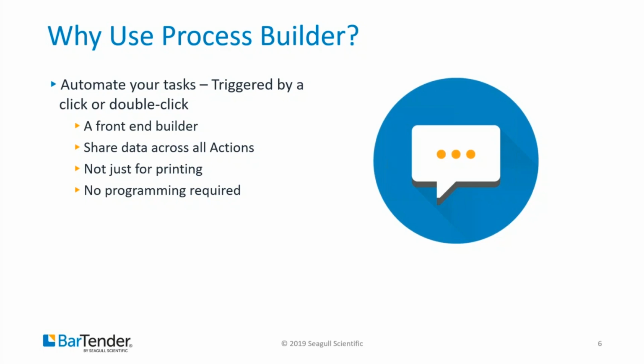You would create a process that may be complex, with a lot of conditional avenues and different things that have to occur based on data. And you can simply trigger this automated process by double clicking the process file, whether it be on your desktop or in PrintStation or wherever you execute it from.